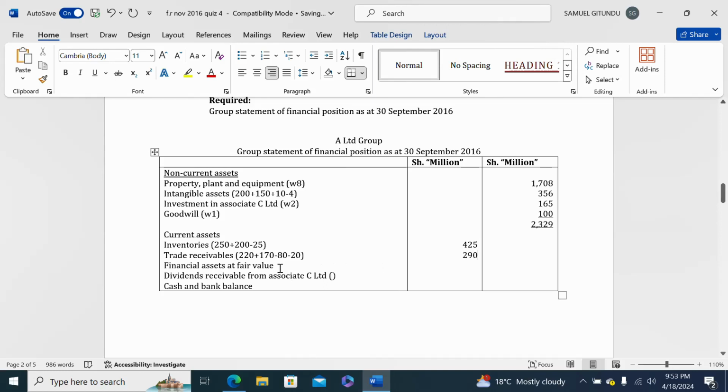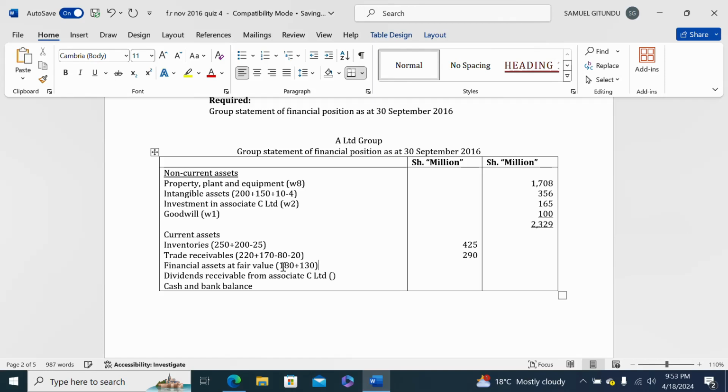Then we have the financial asset at fair value. For A Limited, it is 180. For B Limited, it is 130.